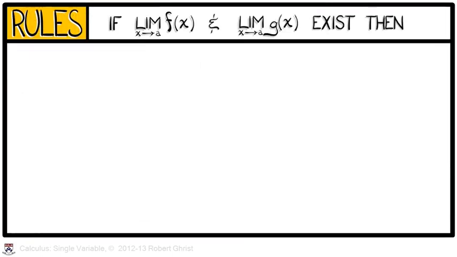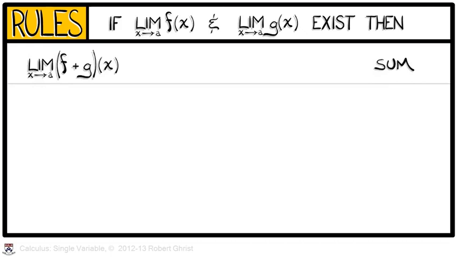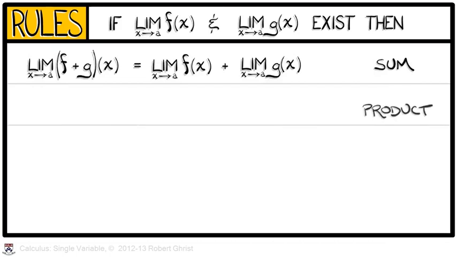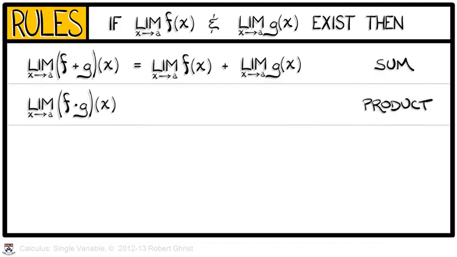There are certain rules associated with limits that you may know by hand, even if you don't remember them. If the limit of f of x as x approaches a and the limit of g of x as x approaches a both exist, then the following rules are in effect. There's a summation rule that the limit of the sum of f plus g is, in fact, the sum of the limits.